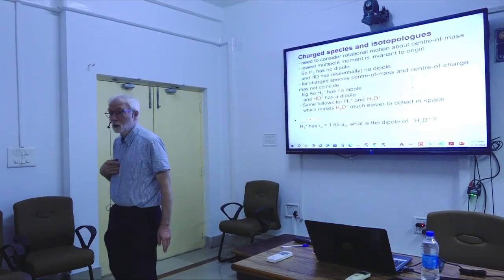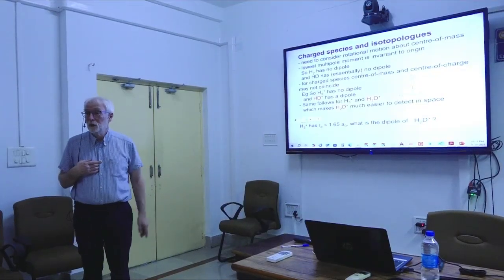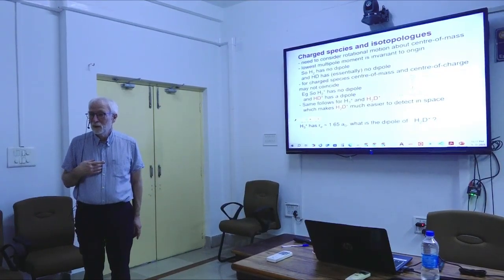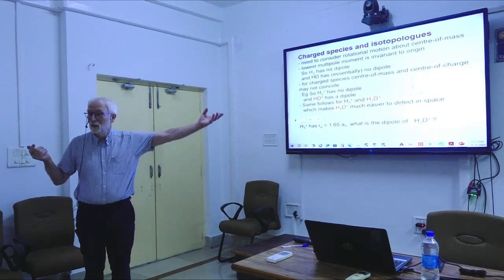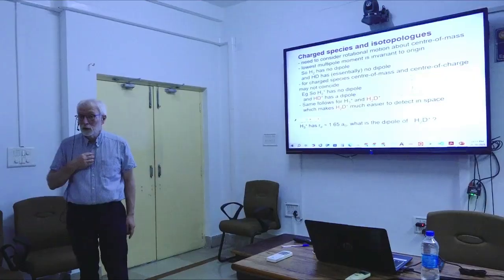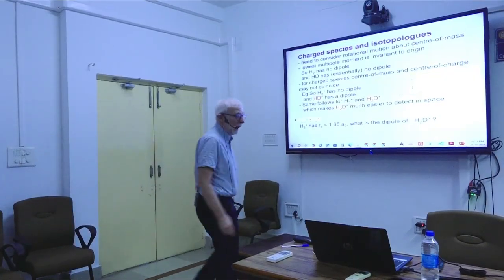In atomic units, the dipole is simply the distance between those two points. Because it's e times R, where e is 1 in atomic units and R is that distance in Bohr, it gives you the dipole in atomic units.